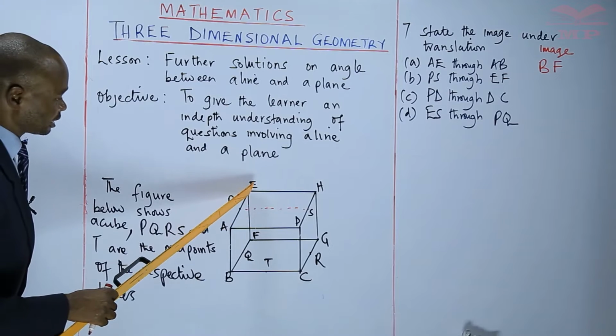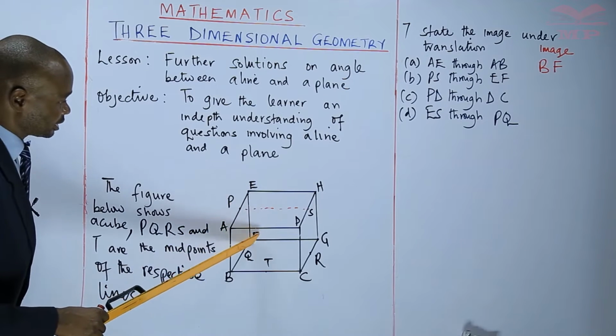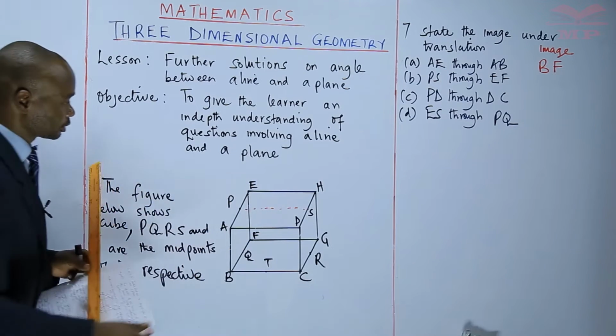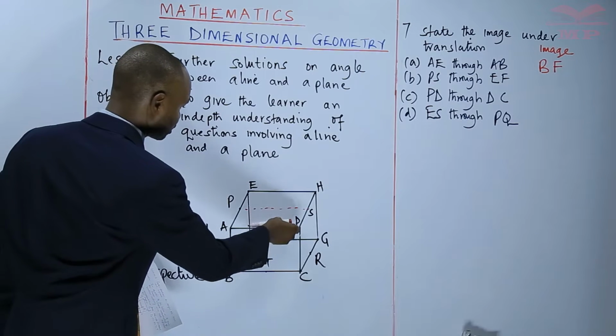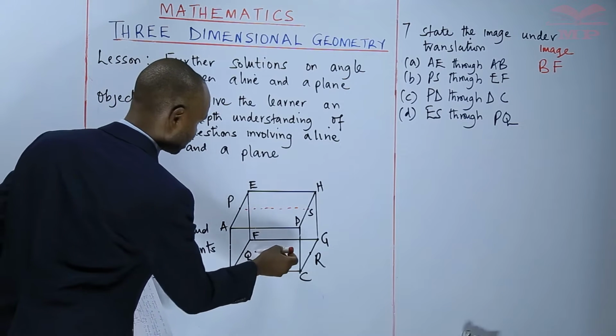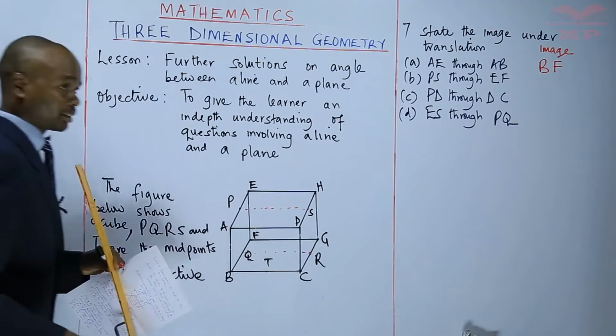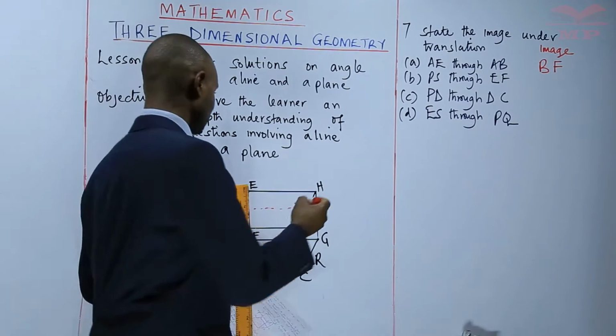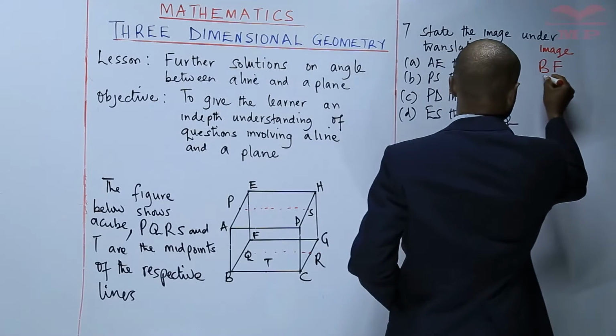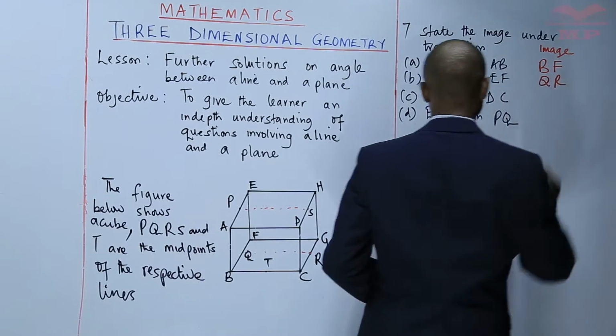You look at that distance. Whatever they are telling you is that distance. Once you translate through that, it will end up on the floor, on the bottom of the cube, so you'll get the image as QR.